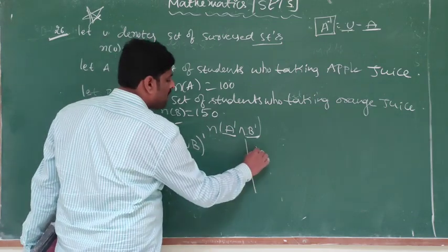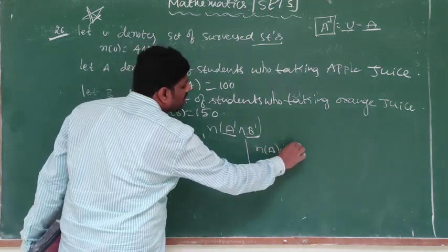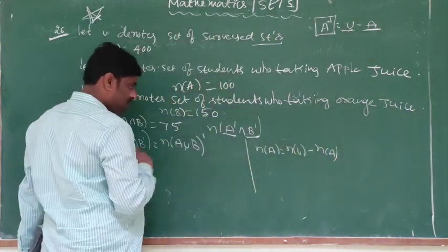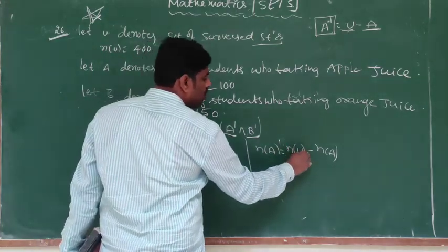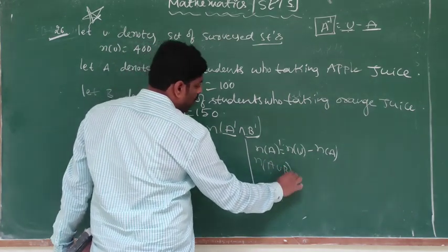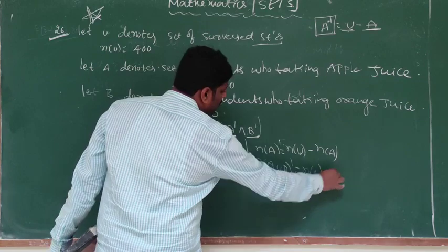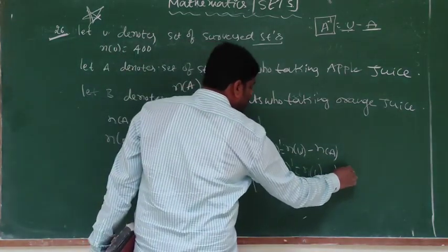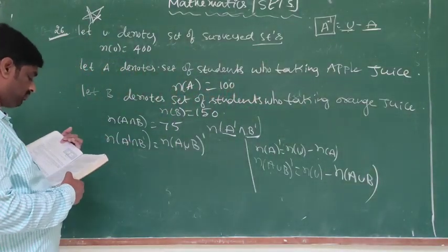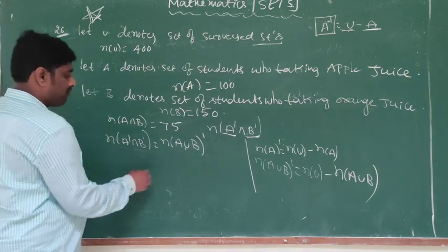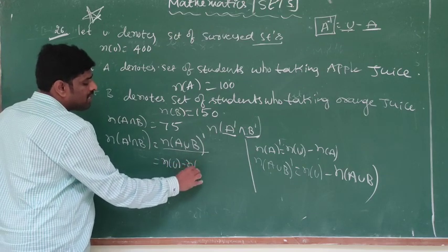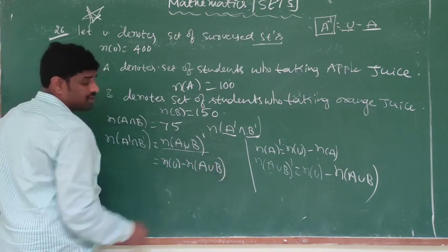We have one property, n of A dash is equal to n of U minus n of A. Similarly, n of A union B whole dash can be written as n of U minus n of A union B.